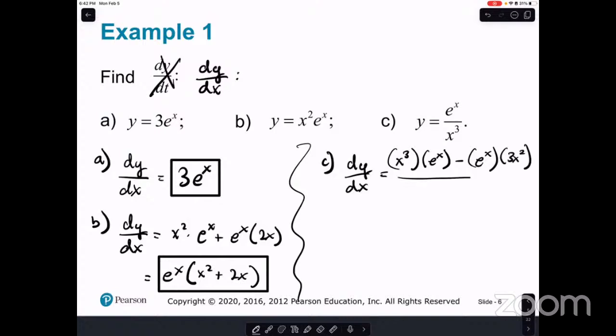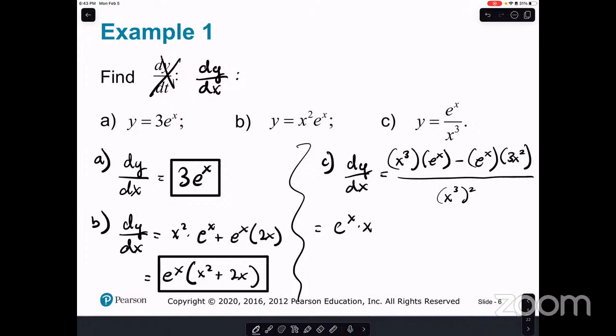Let me see. It looks like on the top we can factor out, both terms have e to the x and an x squared, because we might be able to get something to cancel. So it looks like we can factor out an e to the x times x squared. We're going to be left with an x in the first term and a -3 in the second term.